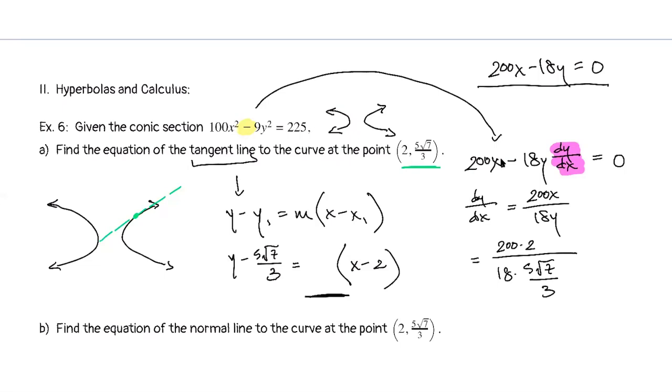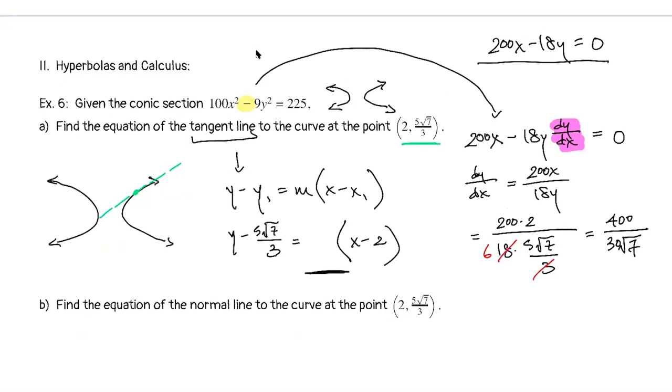And let's take a look at some things that reduce. These reduce to 6. And then I've got 400 over 30 root 7. You could reduce to 100 over 9 too.